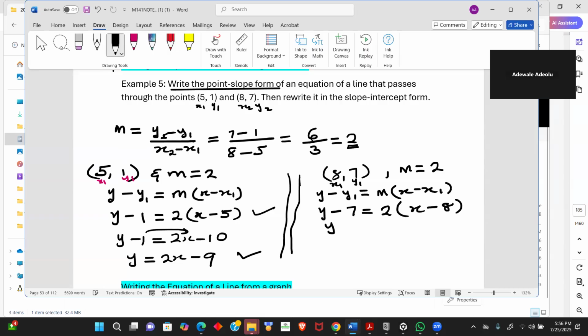So that is y minus 7 equals 2x minus 16. If I add 7 to both sides, I will have y equals 2x minus 9, which is exactly what we have here. So any point will work, but the 2 points will be used to find the slope.